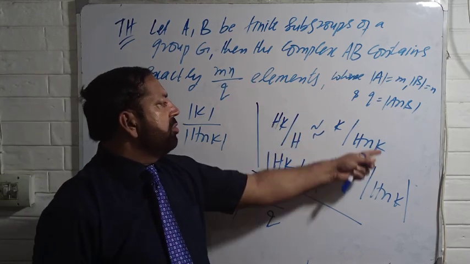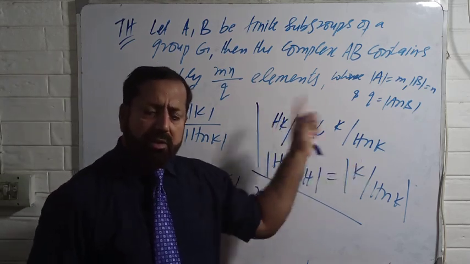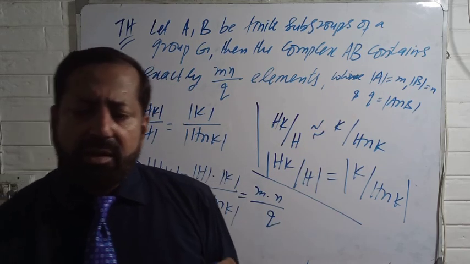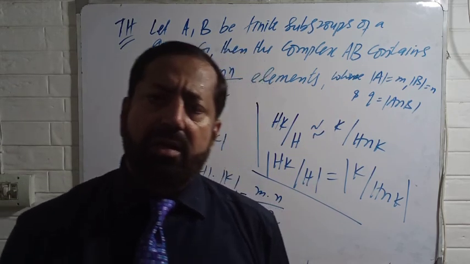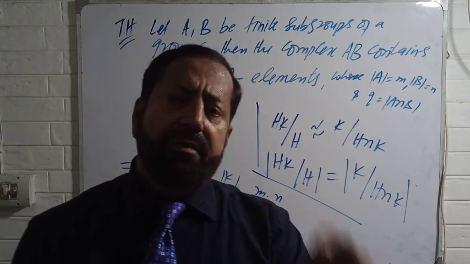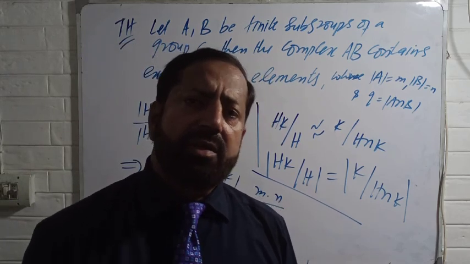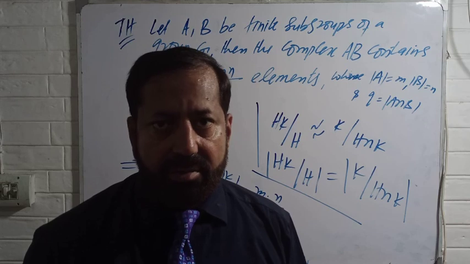One idea is to use the second fundamental theorem of homomorphism, and then you use the idea that since these two groups are isomorphic to each other, their structure and their order are both the same.